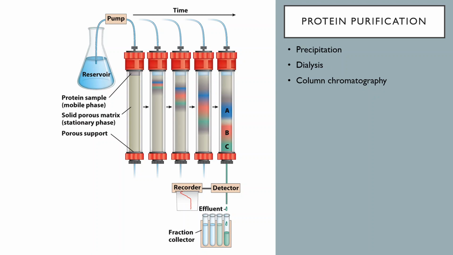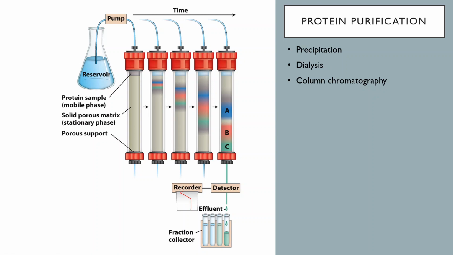Proteins come in all shapes and sizes, and we'll talk about how protein shape affects their function later on. But differences in size, molecular weight, differences in electrical charge, and other properties you can exploit to separate those proteins from their other cellular neighbors.